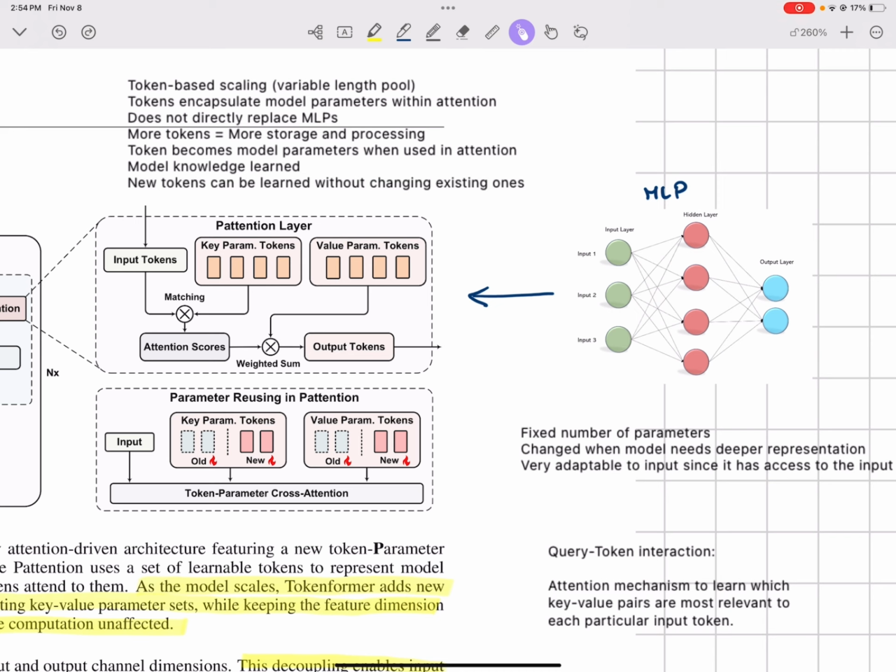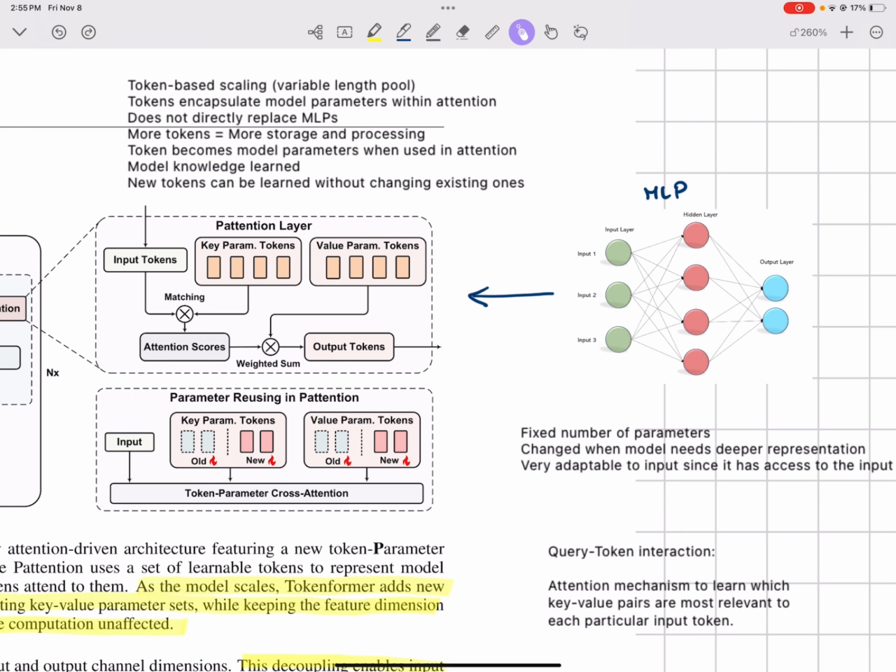And those tokens are going to represent discretized units of whatever the MLP used to do. So they're going to be discretized units of storage, discretized units of processing, and discretized units of model knowledge. And the only way to process that is in this attention layer.